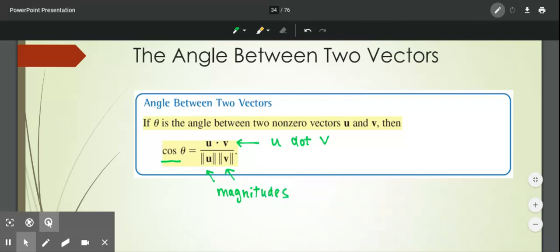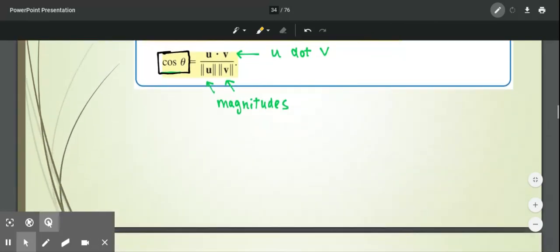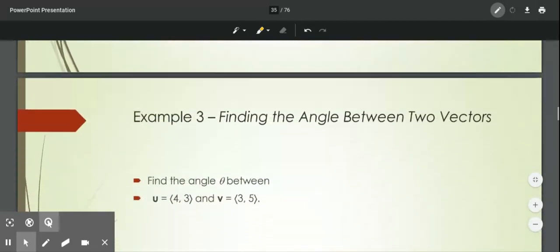So you'll have to use your formula for the magnitudes of your vectors. And then the other thing to be careful of is it equals the cosine of theta. So your final solution will come from taking the inverse cosine to actually solve for theta. So you do that right side first, and then you take the inverse cosine.